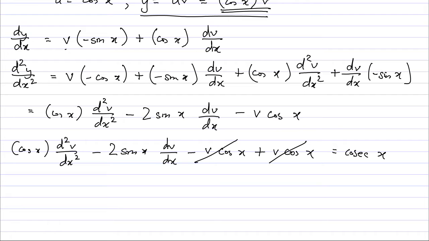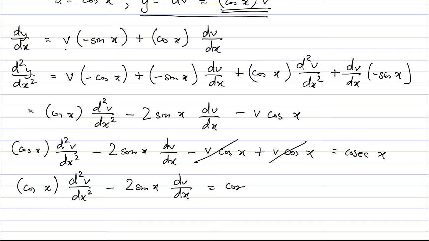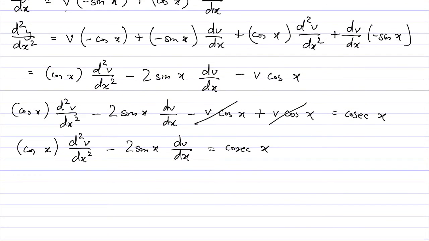The left hand side now is simply cosine of x times the double derivative of v, minus 2 sine x dv by dx, is equal to cosecant of x. And now you can divide throughout by cosine x.